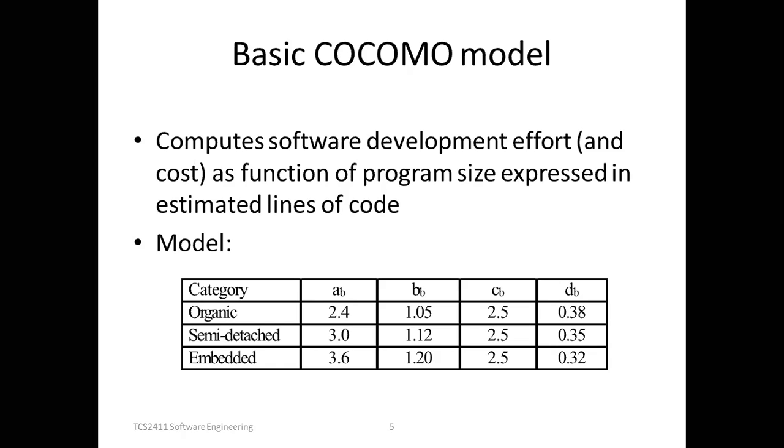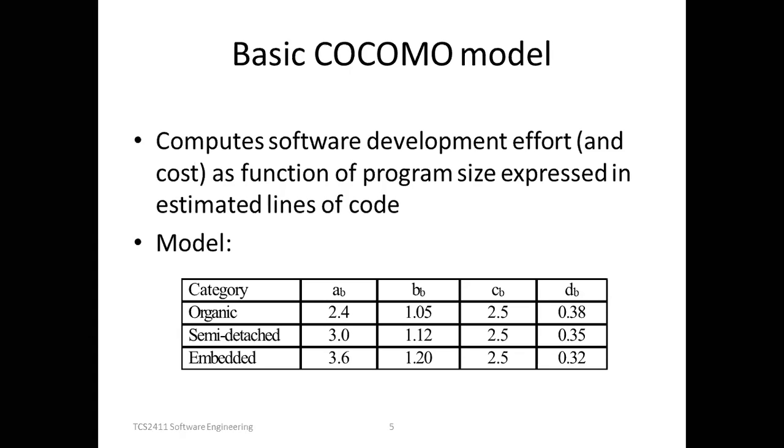K means 1000. Suppose your project has 32,000 lines of code, you will write 32 KLOC. If your project has 50,000 lines of code, you will write 50 KLOC. And this will be the input to the organic, embedded and semi-detached models for calculation of effort and time.